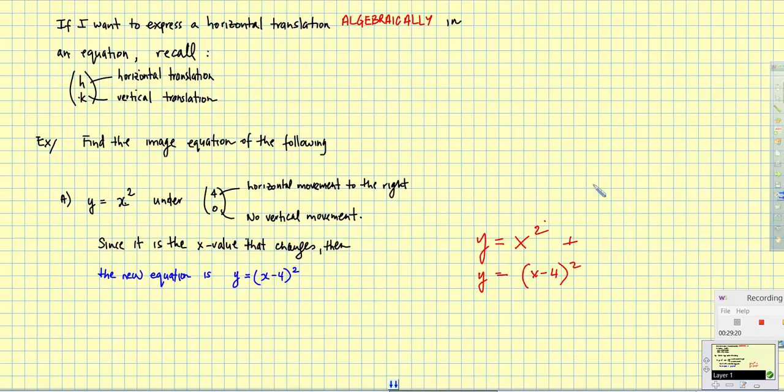If I had x squared minus 4, that would mean a vertical movement of the graph going down 4 units. That's not what I want. I want to show a horizontal movement, 4 units to the right in this case, and therefore I have to put negative 4 in the opposite direction.